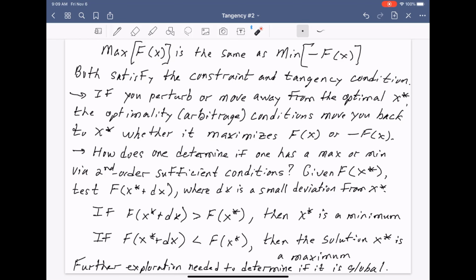In order to find those, you have to do some further exploration, or, as we will see in a later lecture, a more complicated mechanism for determining whether or not the second order sufficient conditions as well as the first order necessary conditions are satisfied. But we'll leave that for a little later on.